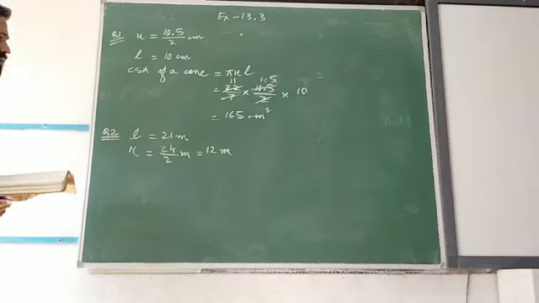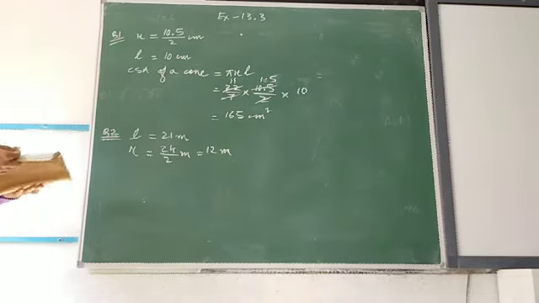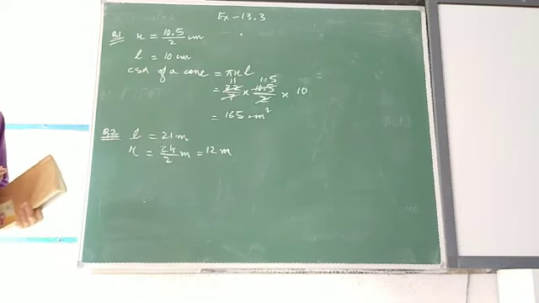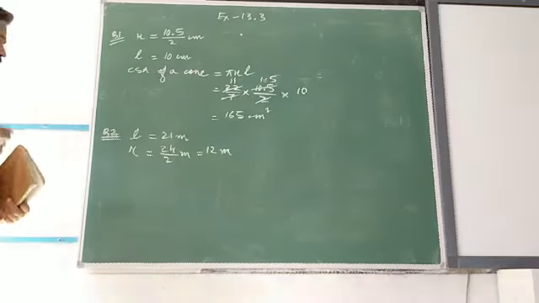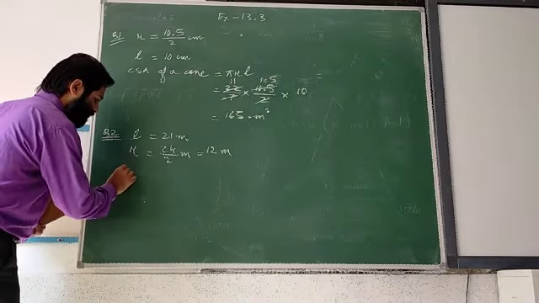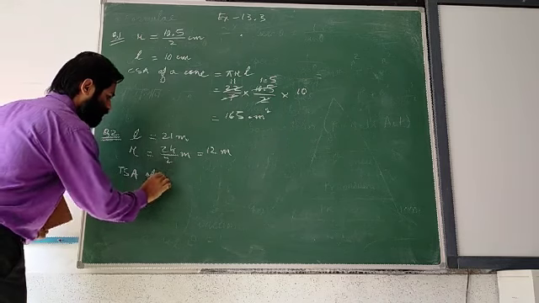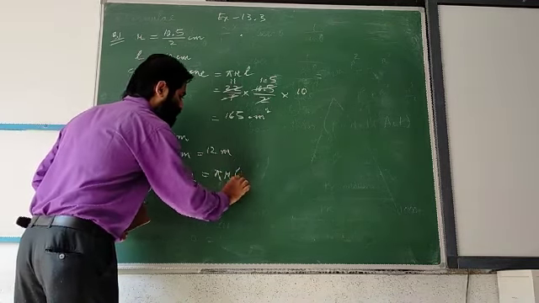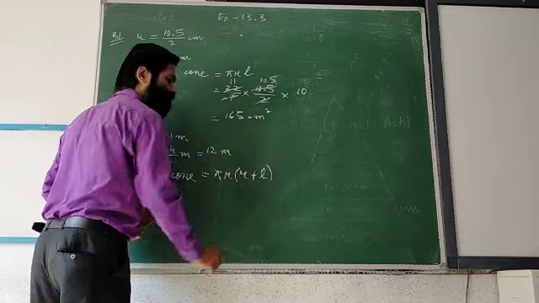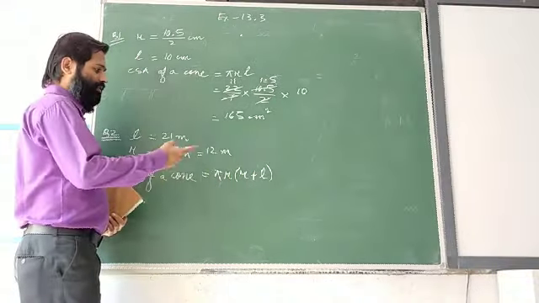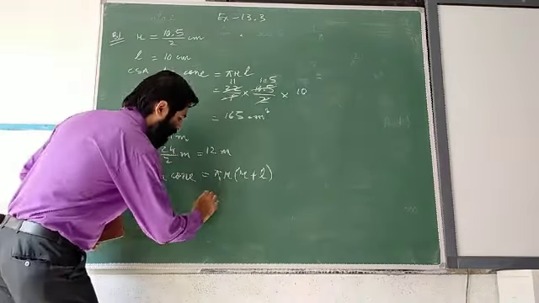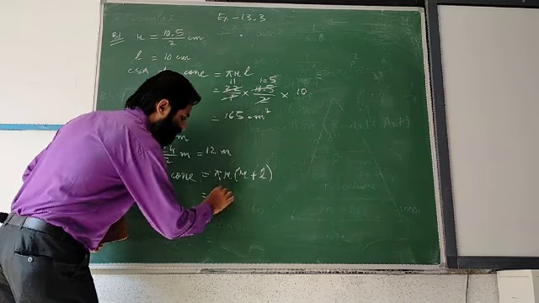You need to find the total surface area of a cone. So we'll say that TSA of a cone equals pi r into r plus L, or pi r into L plus r, same thing. Pi is 22 by 7.